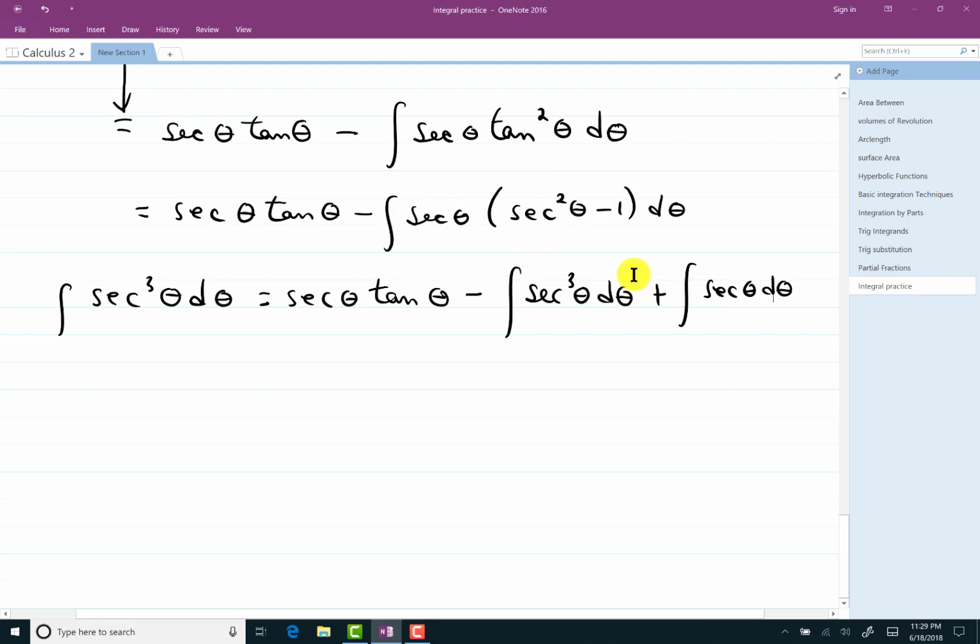I'm just breaking up the integrals here. And then I have plus secant theta. Notice I have minus secant cubed and I have secant cubed here, so I'm going to add the integral of secant cubed to both sides. This integral you're supposed to know by heart.